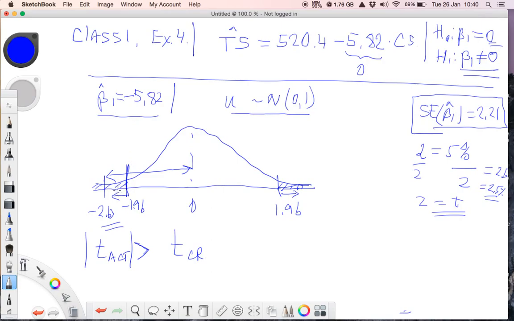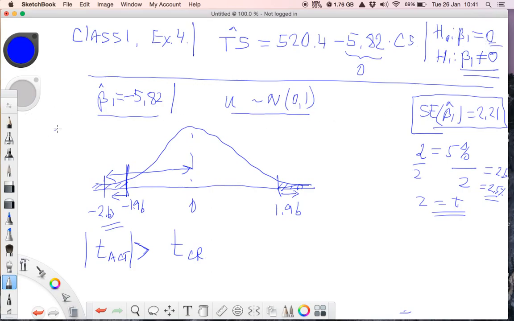In other words, the estimate here, or this estimator, is computed from a sample which comes from a population with a non-zero mean. But we hypothesized that it may have come from a population with a zero mean.